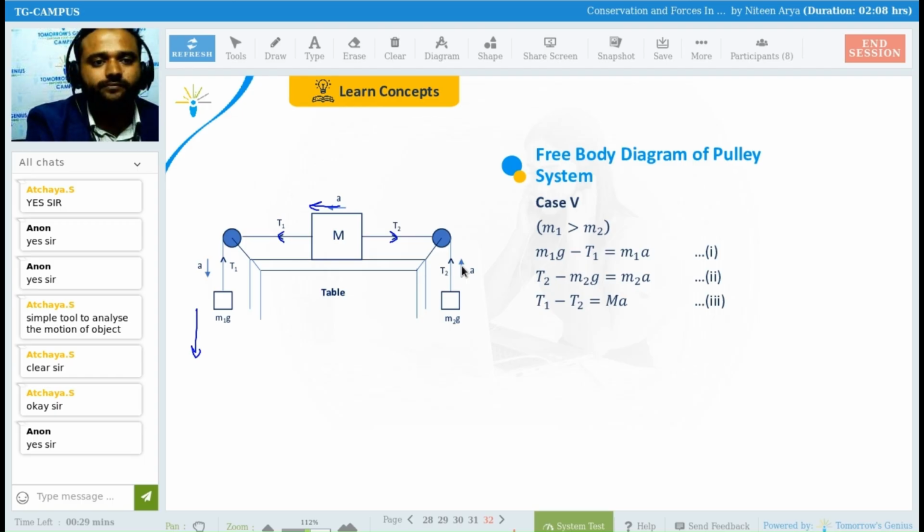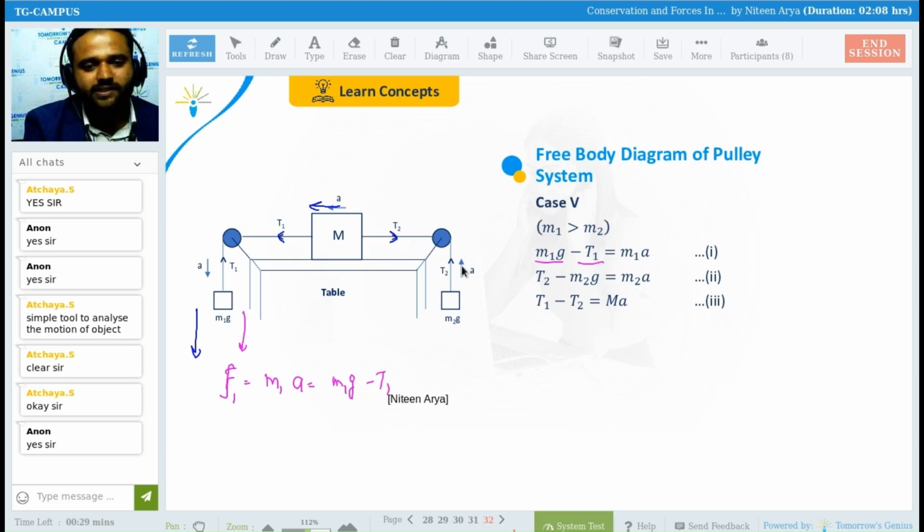In the same sense as what we have followed till now, m1g is going in this direction and tension is going in the upper direction. So the net force on m1 is m1a, and that is nothing but m1g minus tension T1. In the same way, for m2, tension is going in the upper direction, so the net force is in the upper direction.